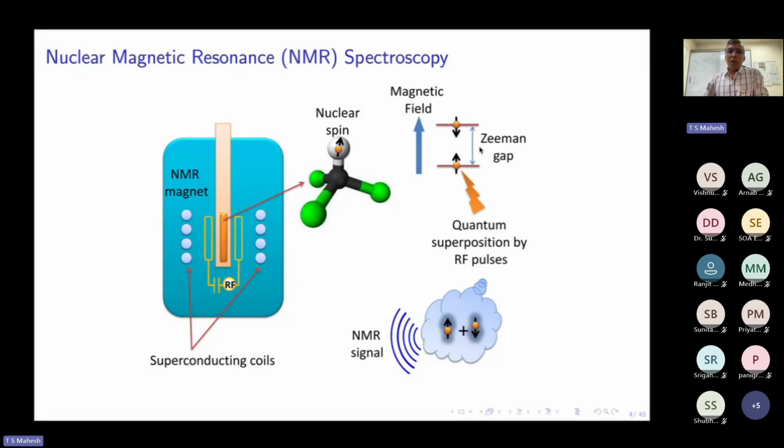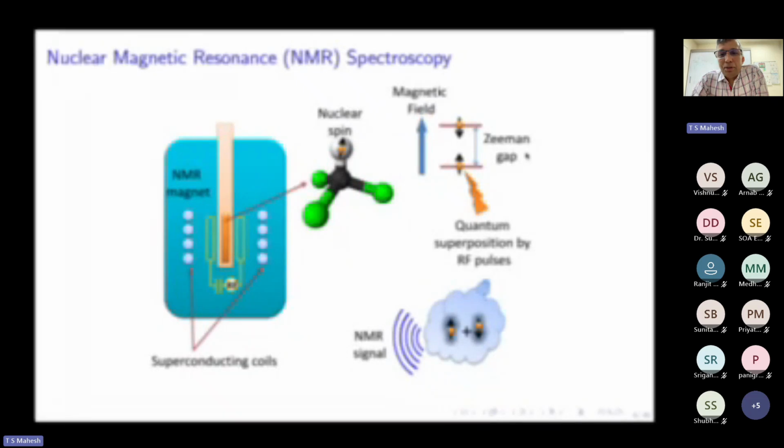Now you have this energy gap, and that is fixed by the external magnetic field. And now what you can do is induce resonant absorption. That can be done by an electromagnetic wave which matches this energy gap.